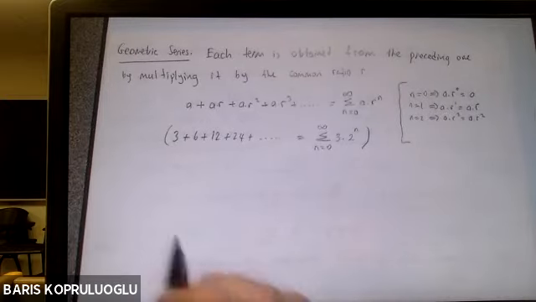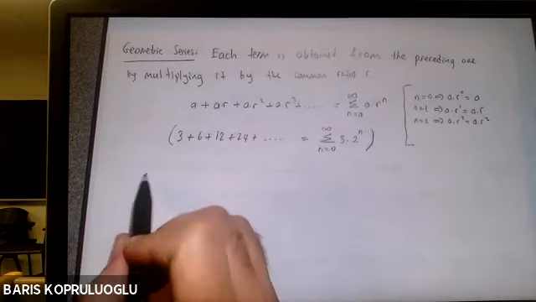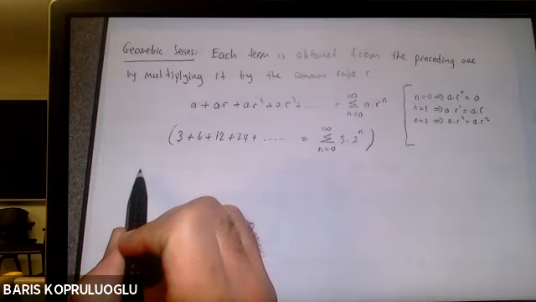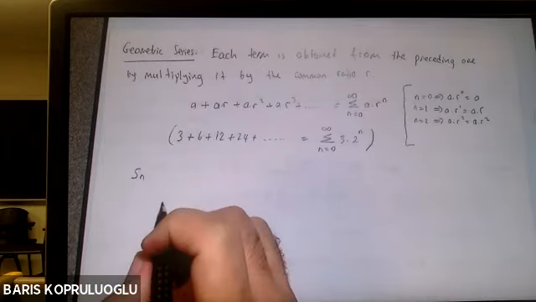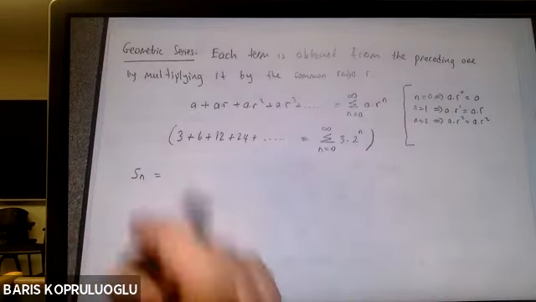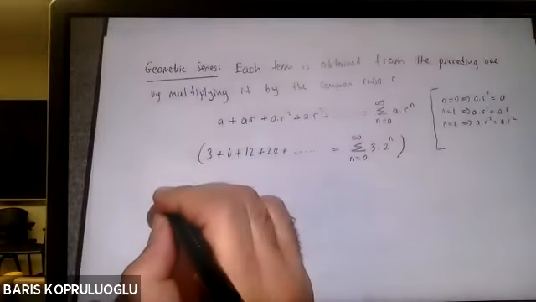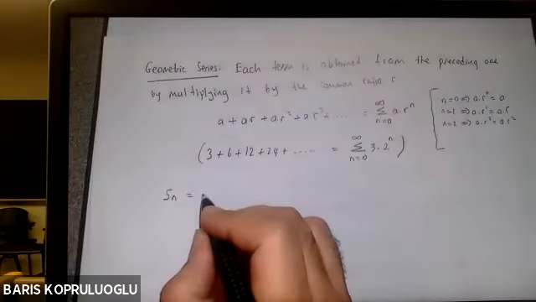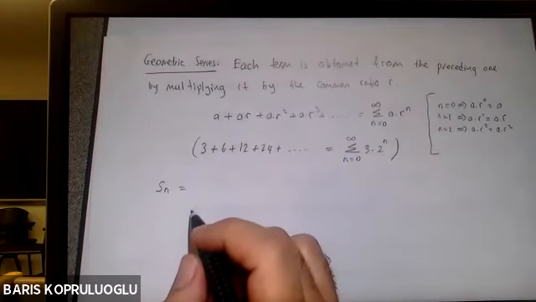So let's talk about the partial sums of a geometric series. S_n, the nth partial sum, as we defined, will be the sum of the first n terms.